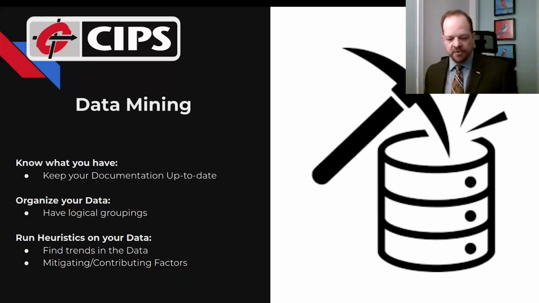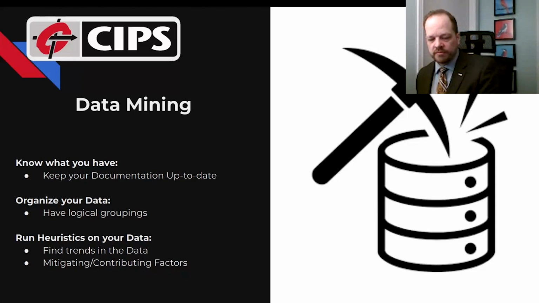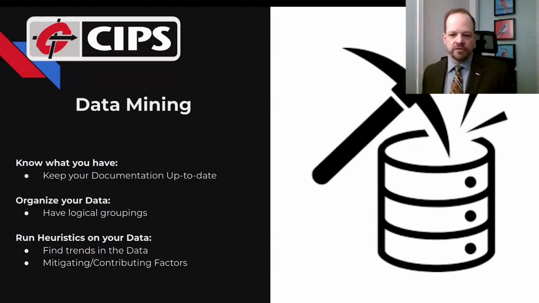As an example, if you are a grocery store and you do a data mine of your inventory and point of sale system, you want to understand what the contributing factors and mitigating factors are on why every single product in your store is selling or not selling. Is it a supply issue in your inventory? If you're not getting enough supply in, that may be a mitigating factor to selling that item.